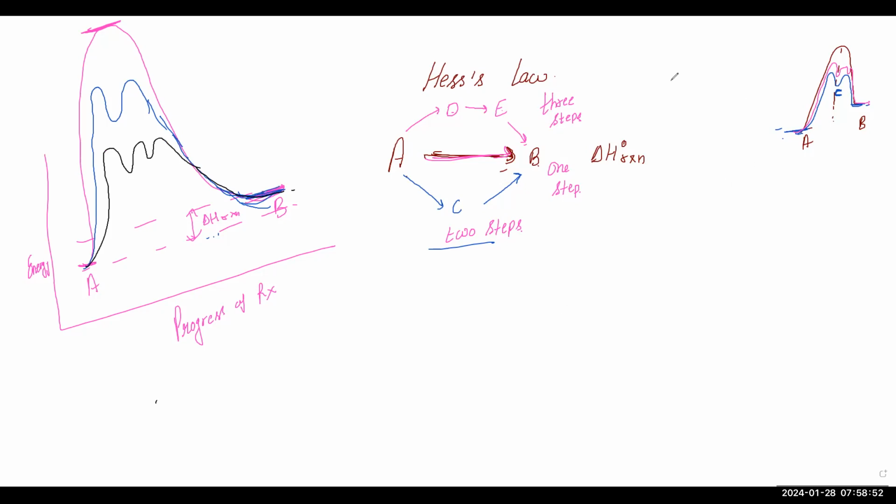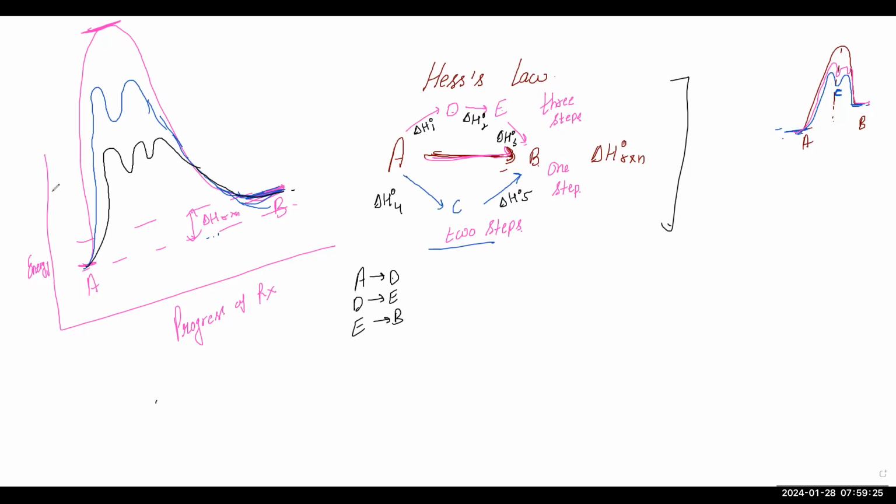So how to use this concept? Let's say this is delta H naught 1, delta H naught 2, delta H naught 3. This one is delta H naught 4, this is delta H naught 5. If I add these reactions A to D, D to E, and E to B, this one.